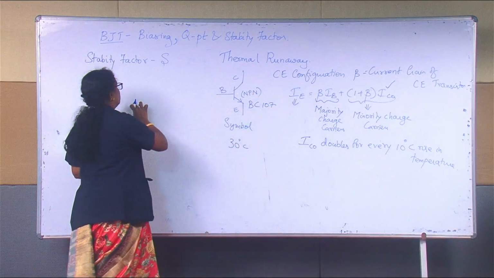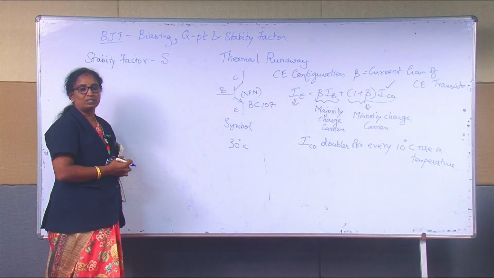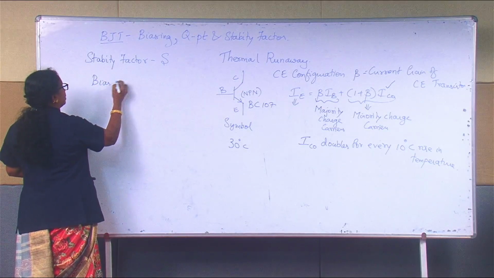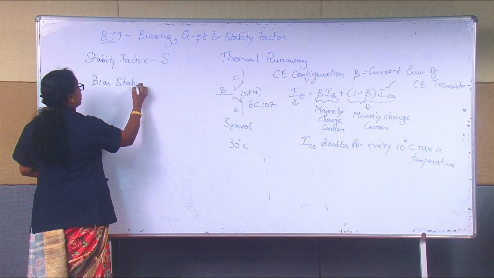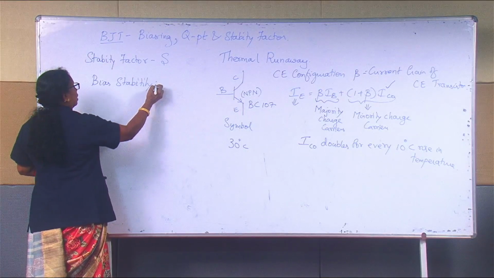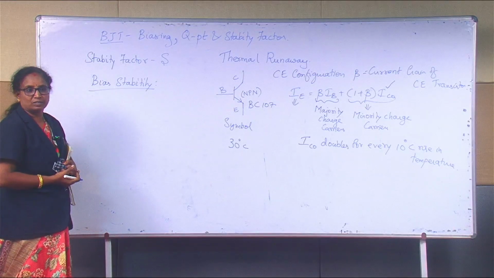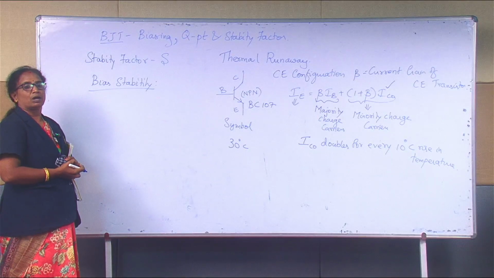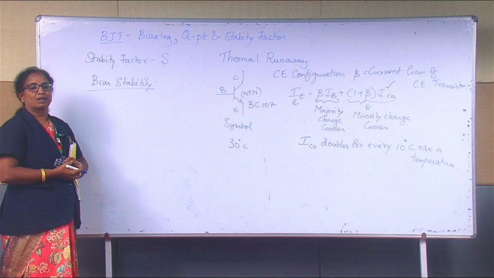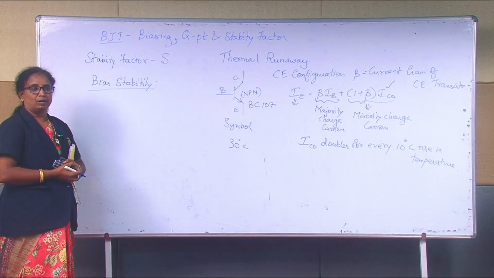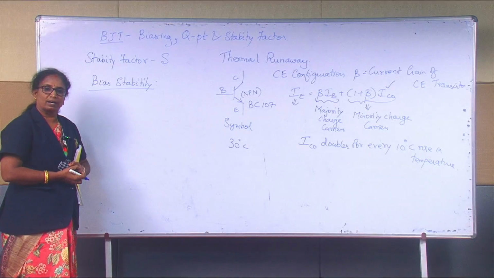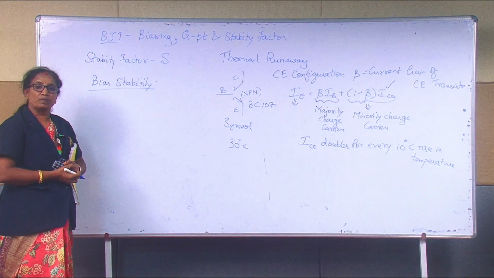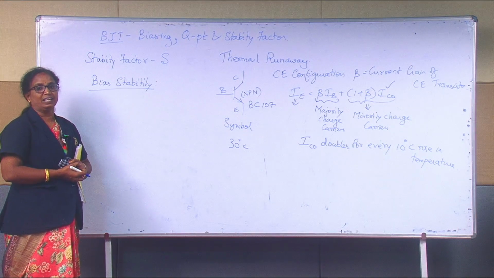Now we will come to the stability factor. What is stability factor, or what is bias stability? Bias stability is the ability of the biasing circuit to maintain a fixed value of collector current and collector to emitter voltage, irrespective of variations in the temperature.